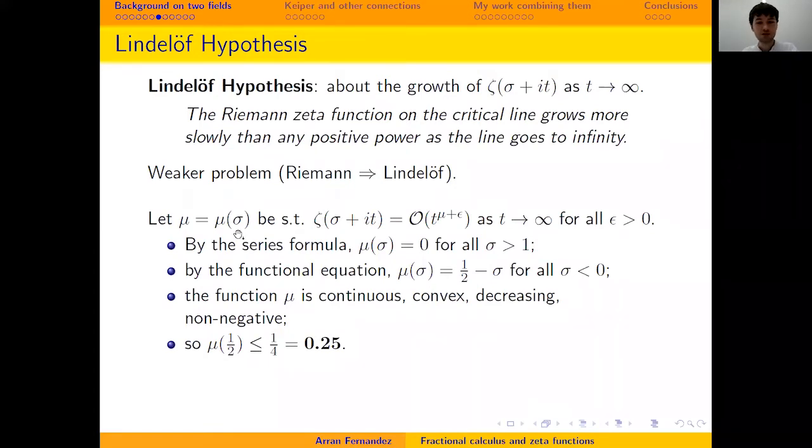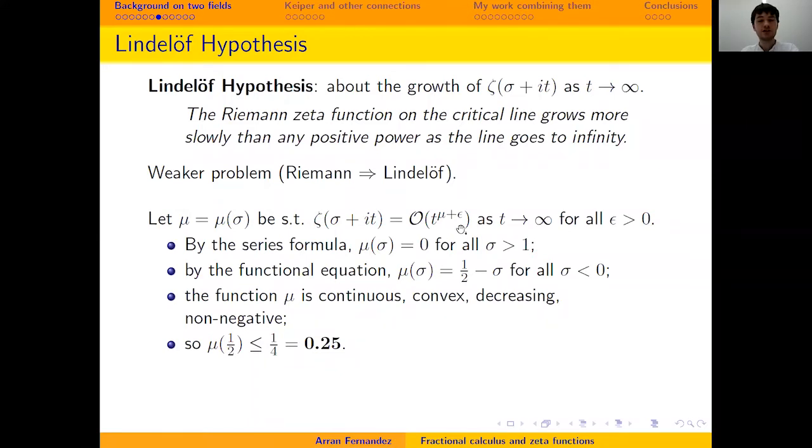So for a general sigma, real part sigma, let mu be the number such that zeta of sigma plus it, the Riemann zeta function, as t goes to infinity, is bounded by t to the power mu plus anything. So it could be t to the power mu times log t, or it could be just t to the power mu. It's this kind of behavior.